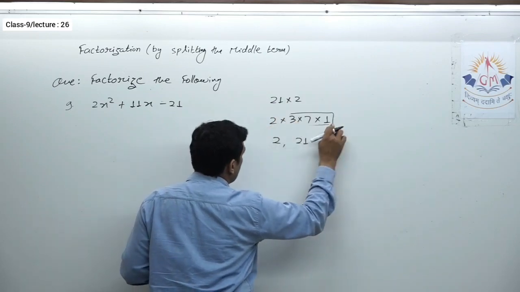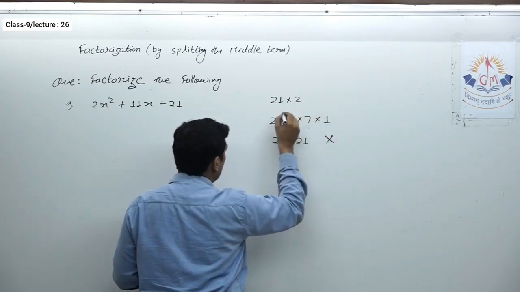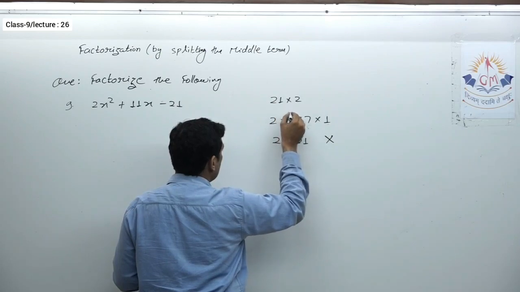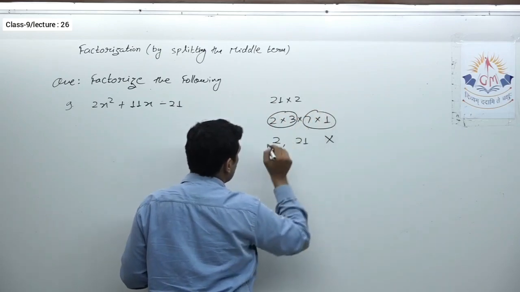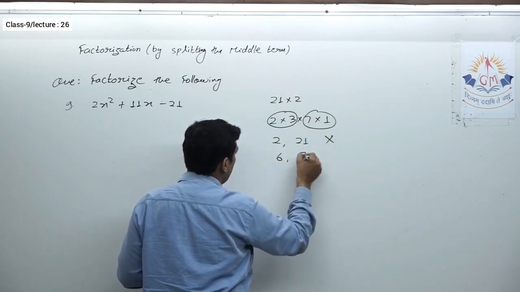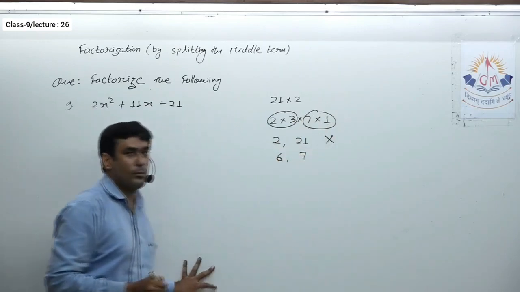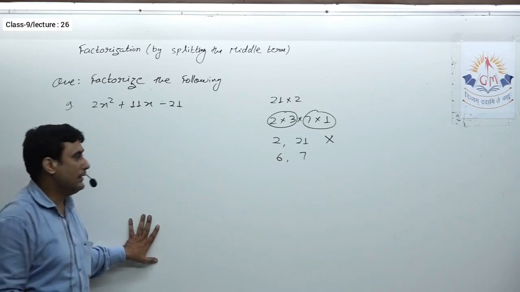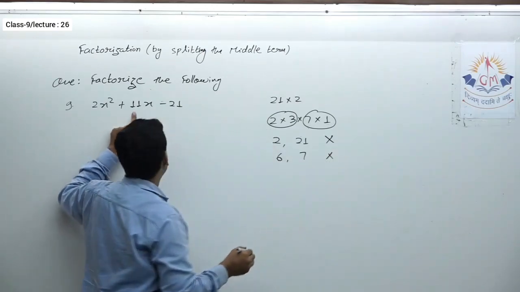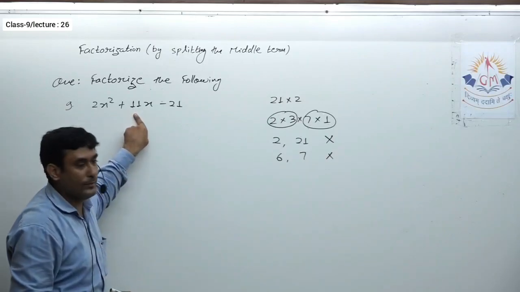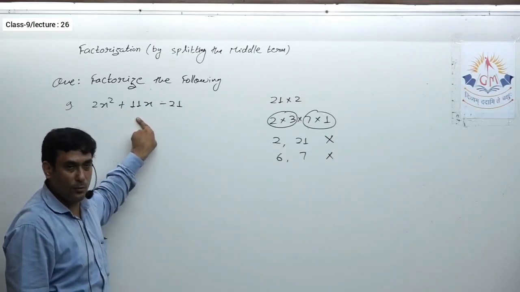Now if I take the first two together and the remaining two together, here I will get 6, here I will get 7. Now 6 plus 7 gives you 13. 6 minus 7 gives you minus 1, which is not the same as the middle term. That means this is again an incorrect combination.